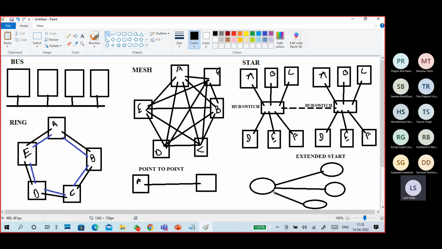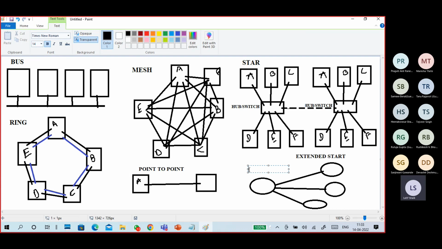So one device is connected to multiple devices. This is point to multi-point.